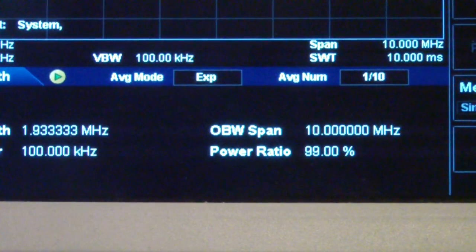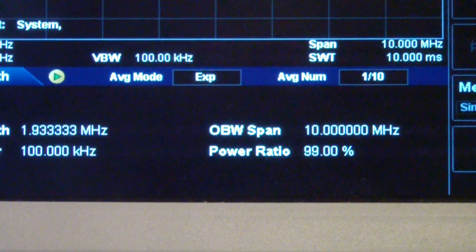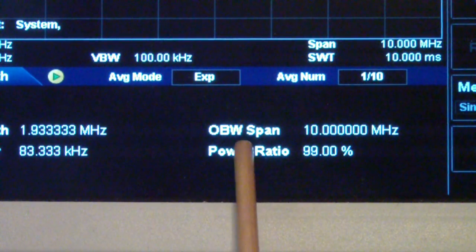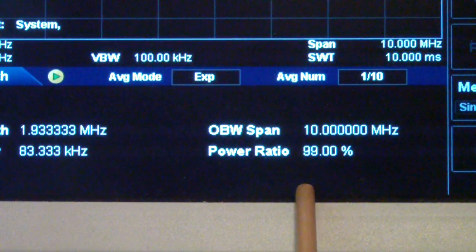I probably should have changed that to 90% so that we could get comparable numbers. But nonetheless, the purpose of this isn't to precisely measure this particular generator, but actually to illustrate the use of these spectrum analyzers. So what I was referring to is I forgot to reset the power ratio.